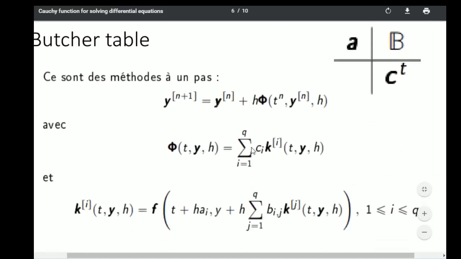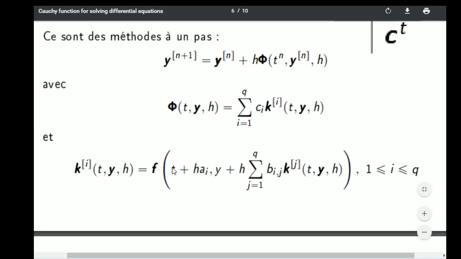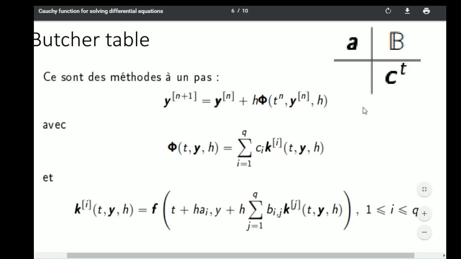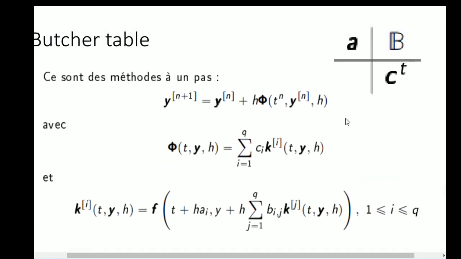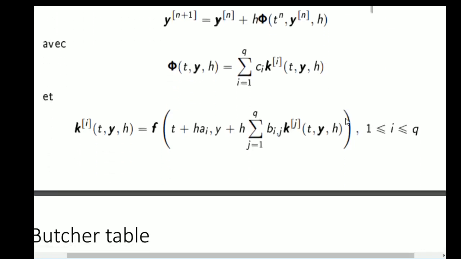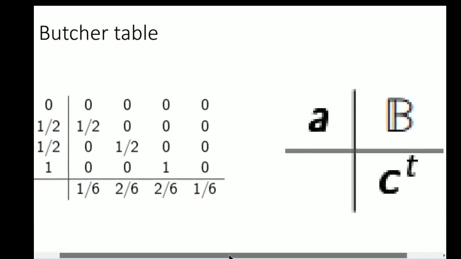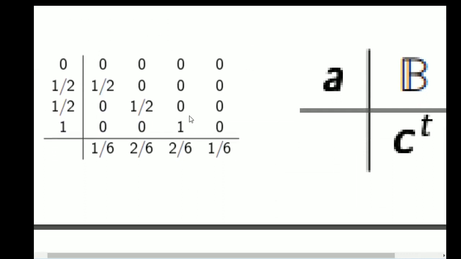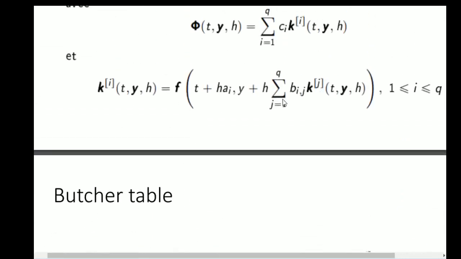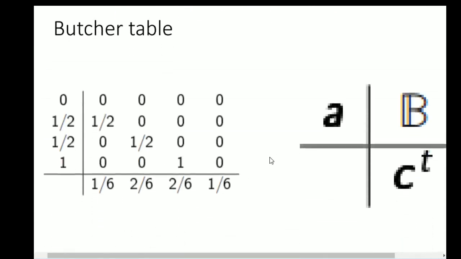Phi being the sum over ci of ki, and k1 being the function like this. So you have to define properly y, a, and b, with b being a matrix and a and c being two vectors. And then you can build a method with constant step. So this Butcher table with the example of Runge-Kutta, you get something like that. If you replace it, you'll get something like this.